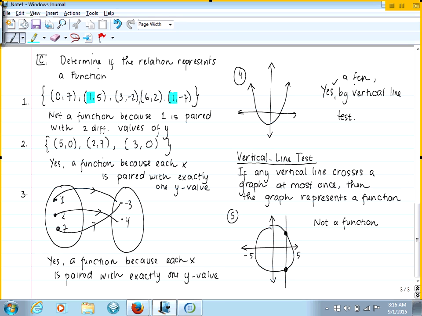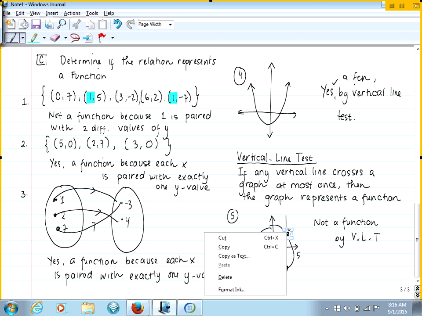So no, not a function by vertical line test. You can see this x right here, maybe 3, maybe 4, is paired with two different y values, the first y value and the second y value. Okay, let's continue now.